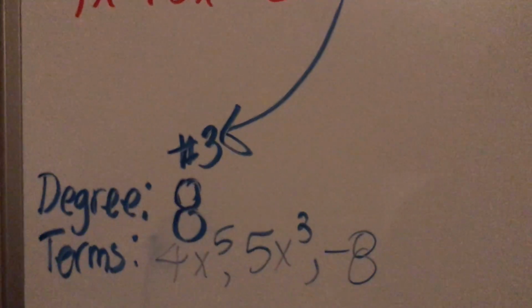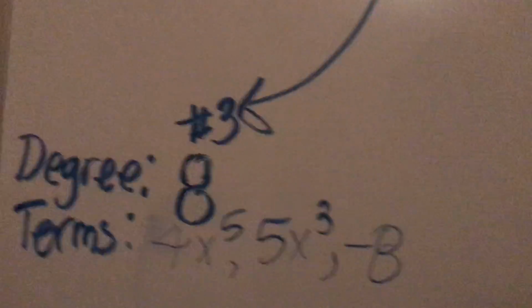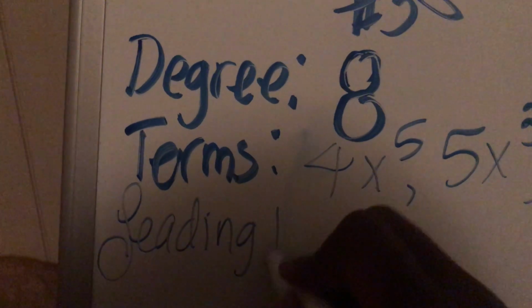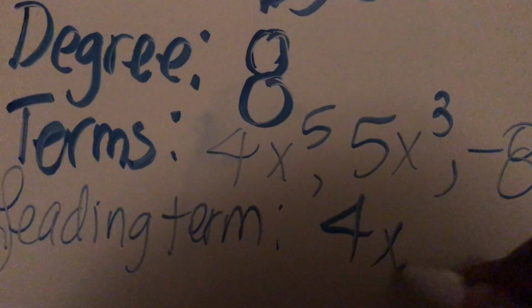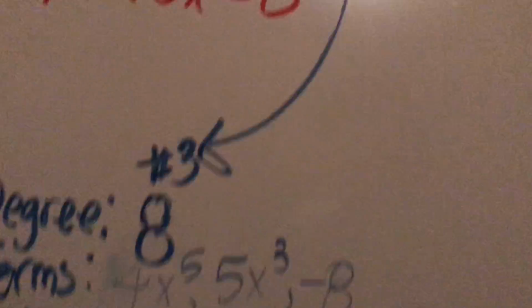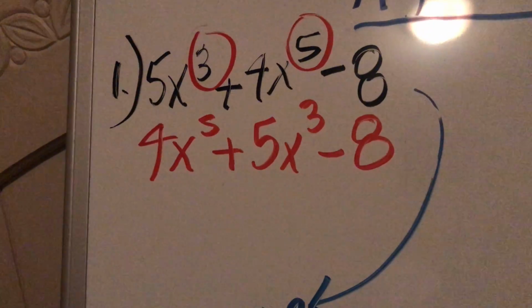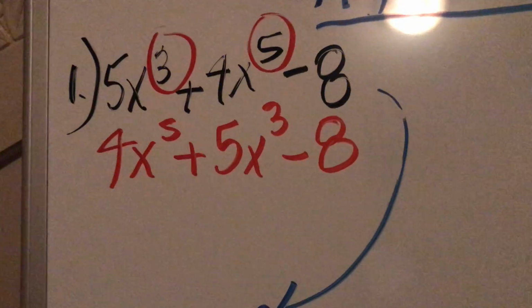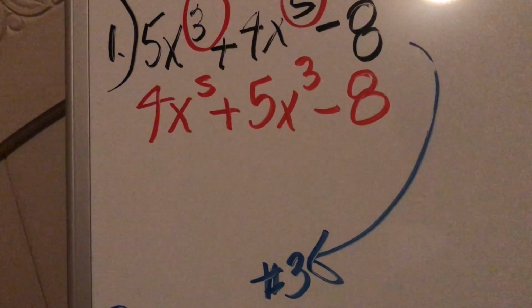Now, if it was to ask you to write out your leading term, it would actually be 4x to the 5th. Why? Because it has the largest exponent. So when they ask for the leading term, you just simply go by the term that has the highest exponent. And in this case, it is 4x to the 5th.